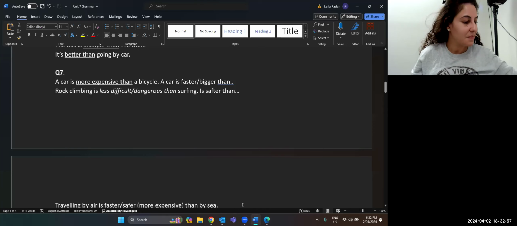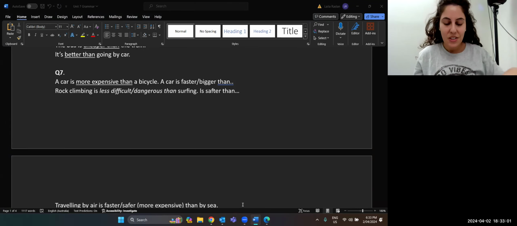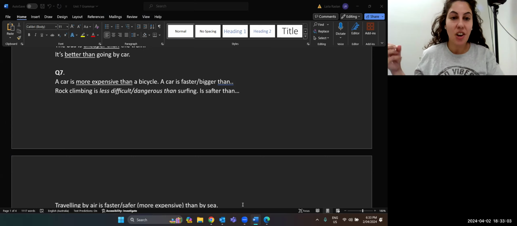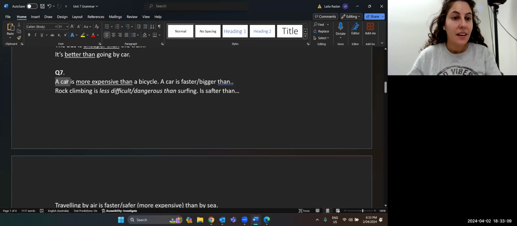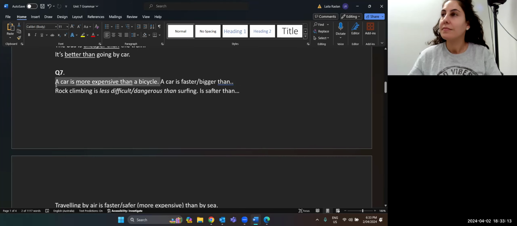Okay, we're looking at some comparison sentences. We're writing them together. So we said Australia is hotter than Antarctica. A car is more expensive than a bicycle. Did you have that one? Or a car is faster than a bicycle? Yeah, this one. A car is bigger than a bicycle.